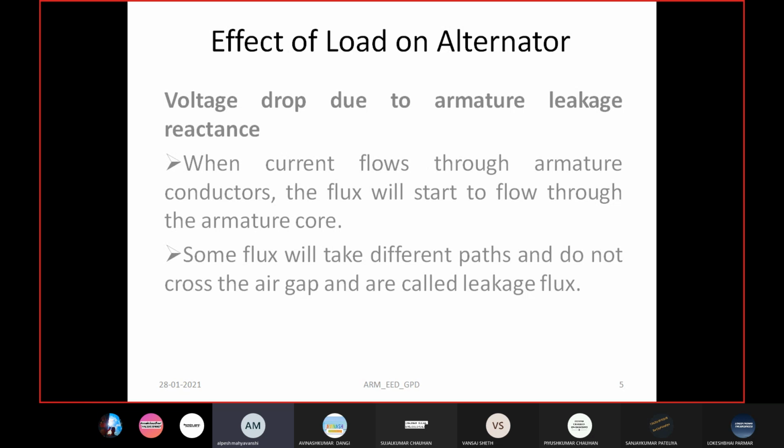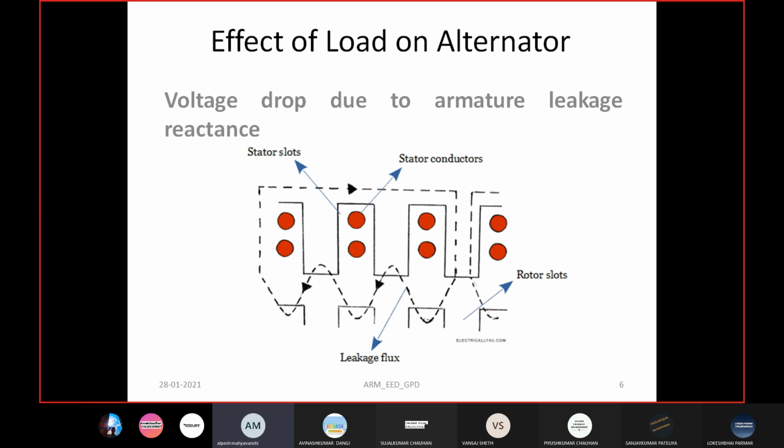Among this flux produced by the armature winding, some will take a different path and not cross the air gap. This type of flux is known as the leakage flux. From 100% of flux, some 10% or 15% will take a different path, and this flux is known as the leakage flux.